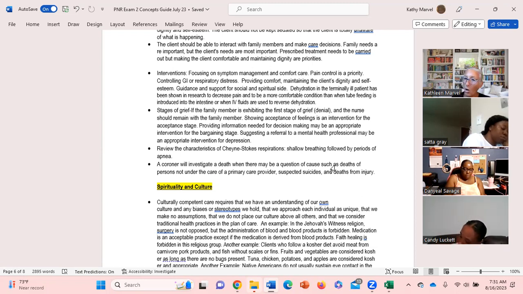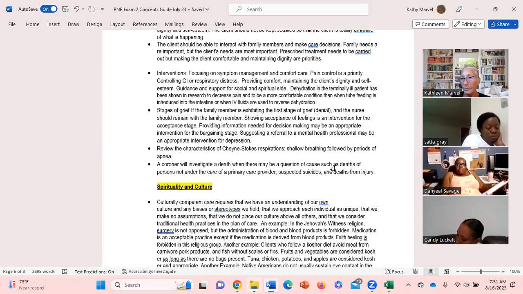But not all cases are investigated by a coroner. What about the hospice client that dies in their home? That's not a coroner case.